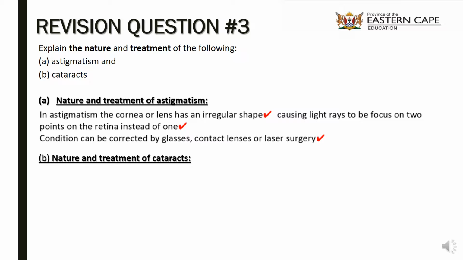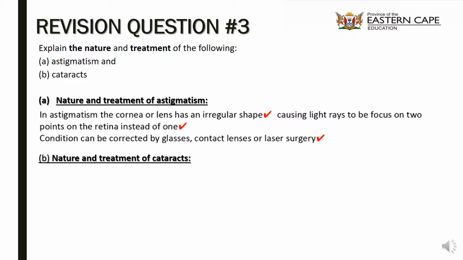And how do you correct this? Right, the treatment: either you wear glasses or contact lenses, or you can have surgery. And remember, we said simple prescription glasses are fine on condition that you are not suffering from either long-sightedness or short-sightedness, because that kind of further complicates things.